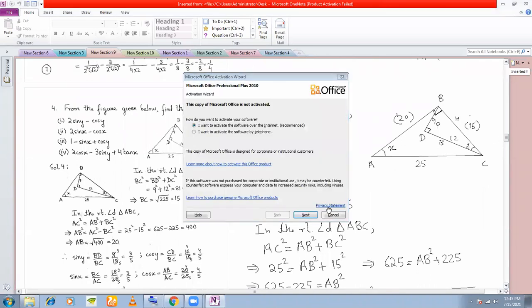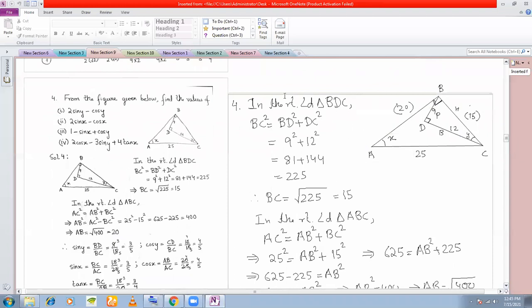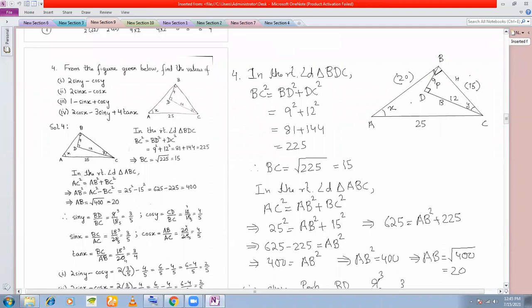Which should be our perpendicular and which should be our base? So let's decide on that. X is the angle here, so opposite to x, this should be our perpendicular now, right? Which should be our base? This is the hypotenuse, obviously. Therefore, this becomes our base, AB.